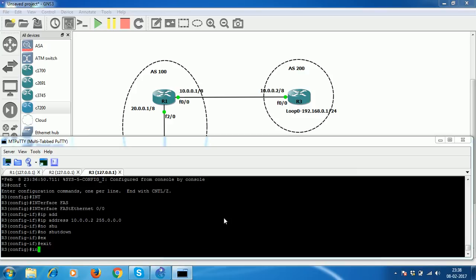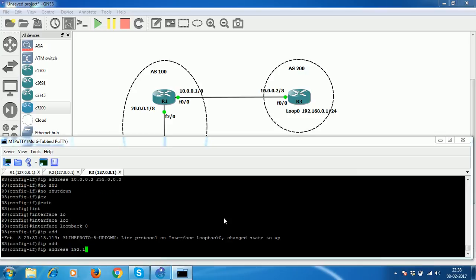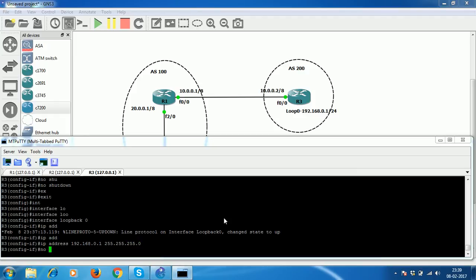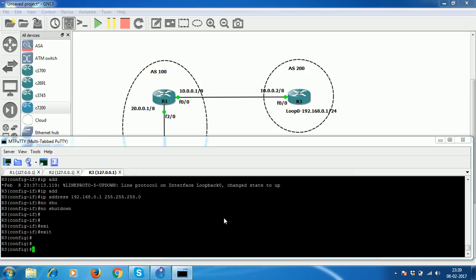And one more, interface loopback 0, IP address 192.168.0.1, which is class C. Okay, now I have done router 3.